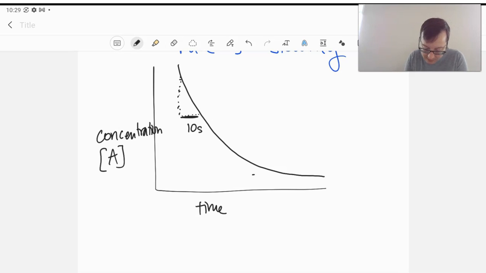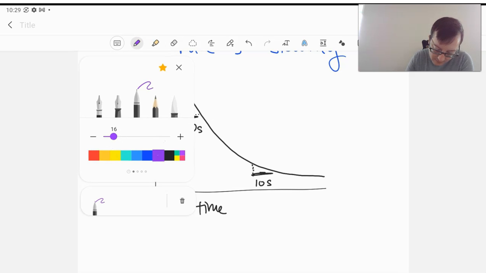Let's say we take another 10-second time interval. We can see that at this point in our graph, we've used a lot less of that concentration in the same amount of time. In other words, the slope is decreasing in magnitude. The slope is going to be negative here, of course, because we have a decrease in concentration, but the magnitude of the slope is decreasing.